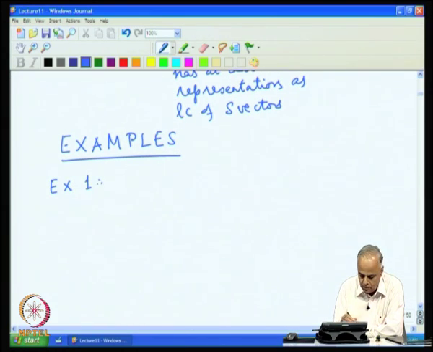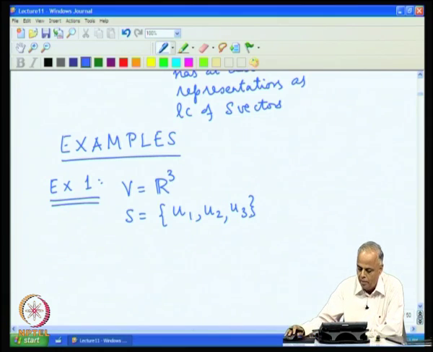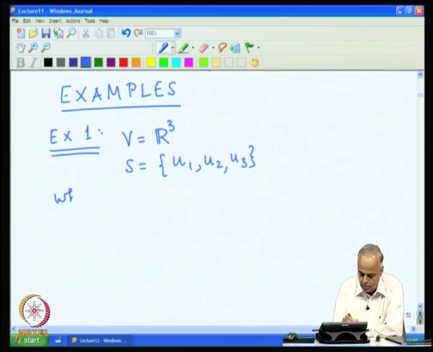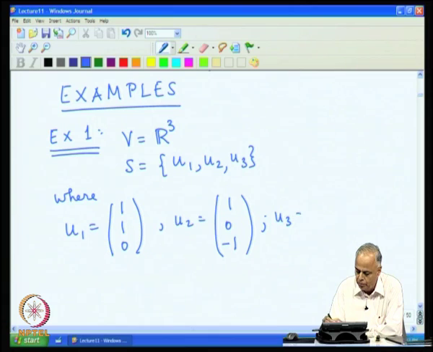First, let us take V to be our standard R3, and let us take S to be the set of 3 vectors u1, u2, u3, where u1 is the vector (1, 1, 0), u2 is the vector (1, 0, -1), and u3 is the vector (0, 1, -1).